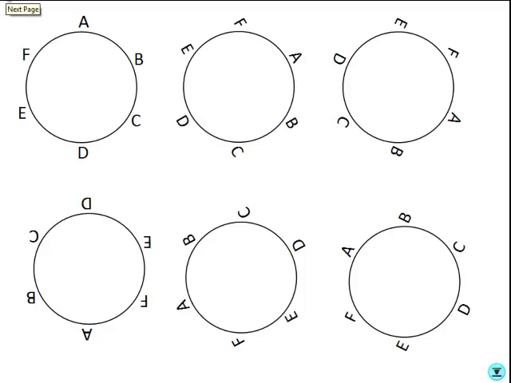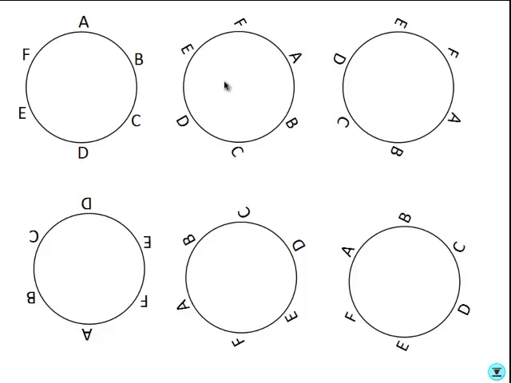Okay, when we do permutations, there's an interesting scenario that pops up if we are in a circle. So you might imagine this is a charm bracelet, for example, and each letter represents a different charm. All of these, while at first they appear to be different permutations, since there's not really a reference point on a bracelet, they're all the same.